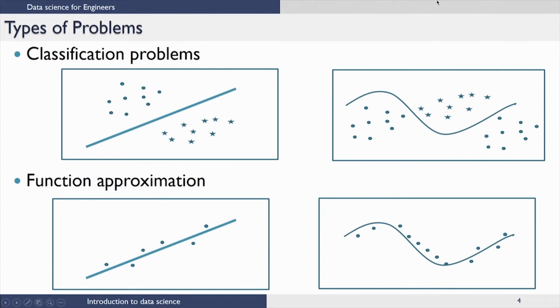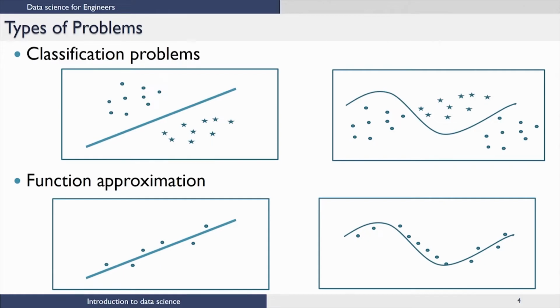So, in my mind, fundamentally I would say that there are mainly two classes of problems that we solve in data science. I am going to call these classification problems and function approximation problems.